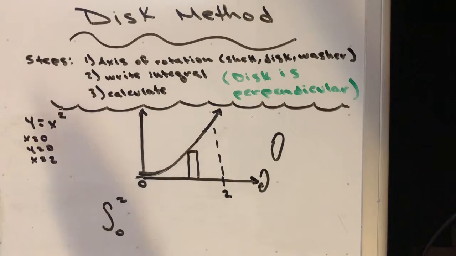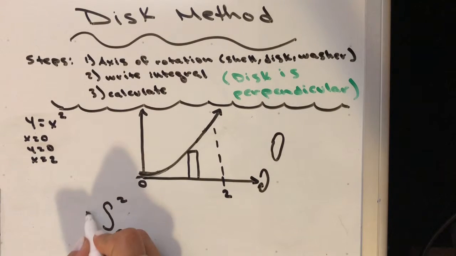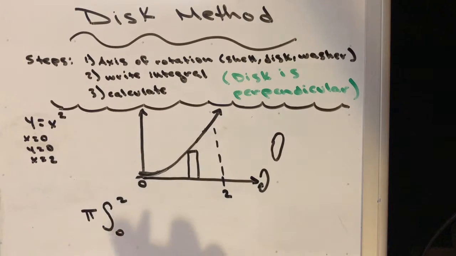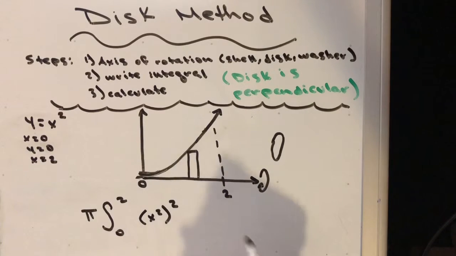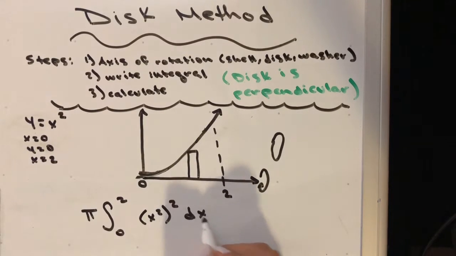So basically, we're making our integral into a circle area equation. So we're putting a pi, and the area of a circle is pi r squared. So we're going to take our r, which will be the height of our rectangle, which is x squared. We're going to square it, and then obviously there's a dx. So this is what we're going to be solving for.